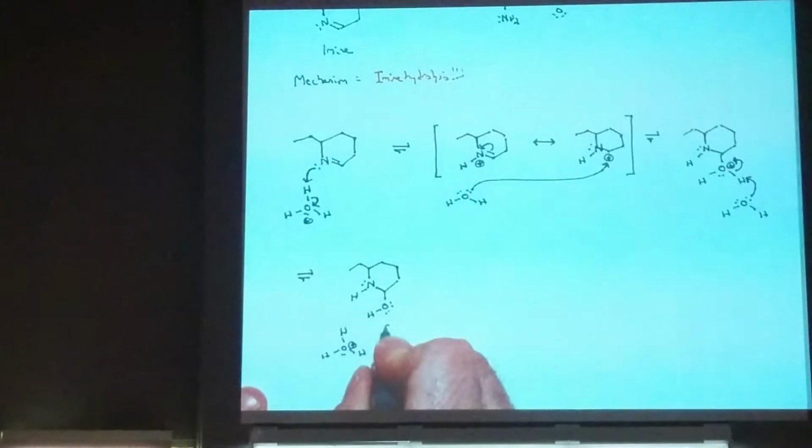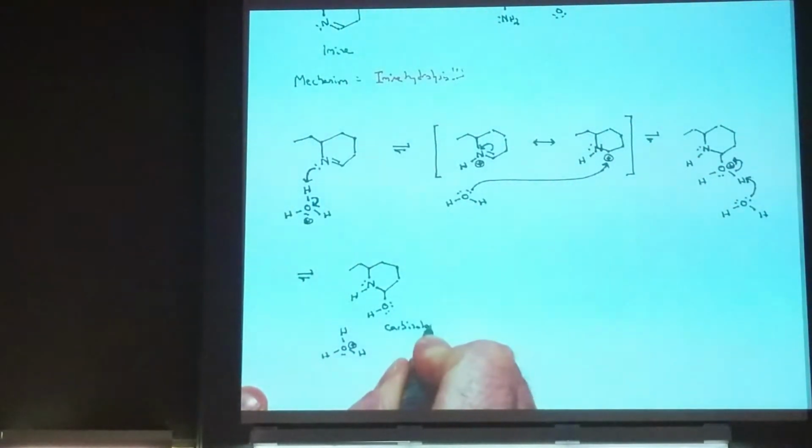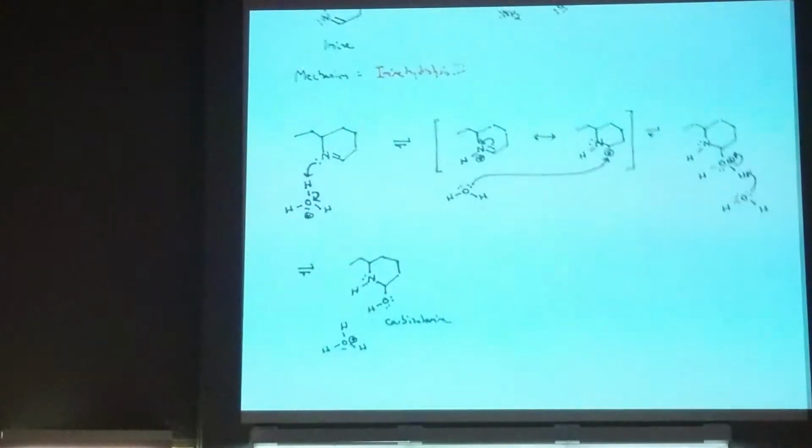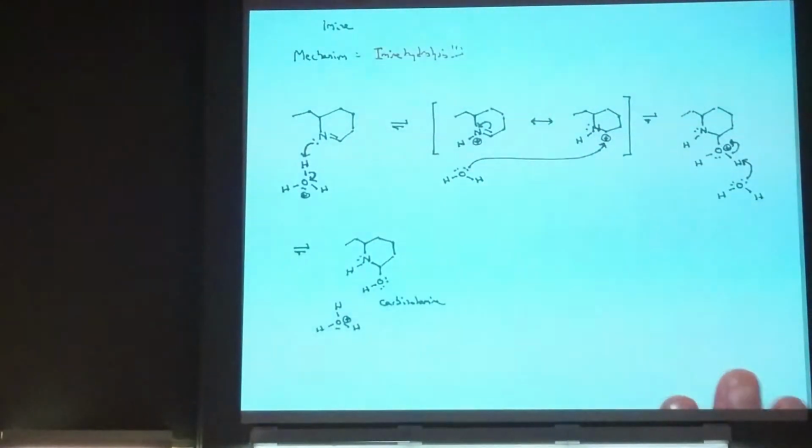So this is the carbonyl amine. This is basically what we got as the addition product when we reacted an aldehyde or a ketone with a primary amine. Secondary amine does the same thing.